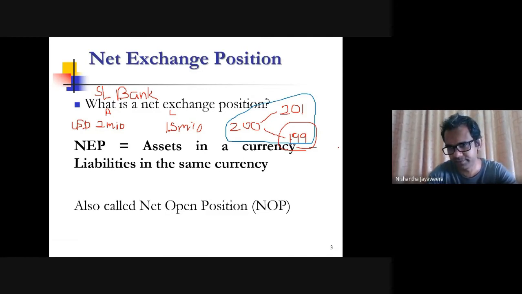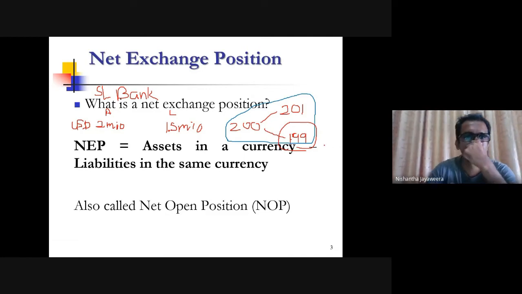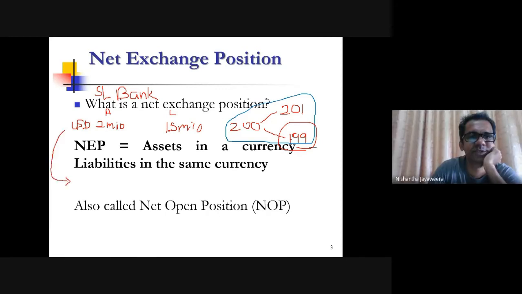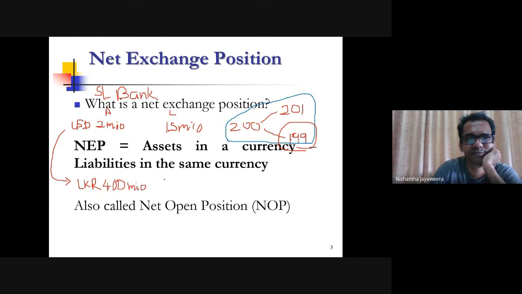Why? We are having more assets than liabilities. If we translate this into rupees, 2 million into 200, it would become LKR 400 million. Correct? 2 million into 200, 400 million.